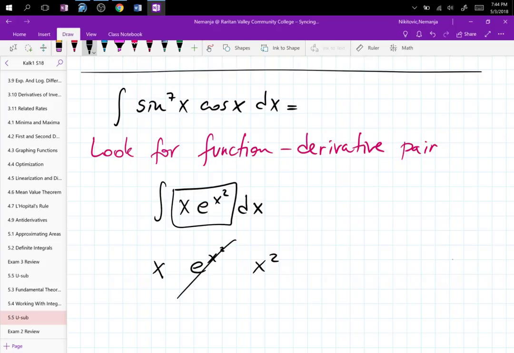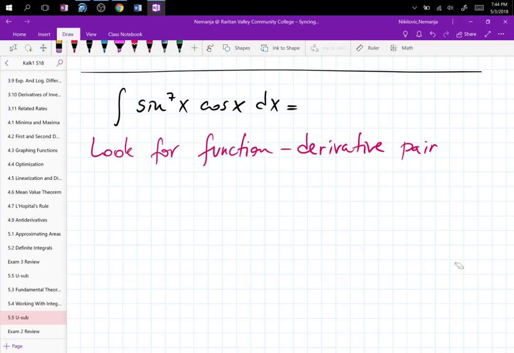Well, definitely nothing with e to the x, because the derivative of e to the x is another e to the x of some sort, and I don't have 2 of them, I only have 1. You toss that off the list. You also know now that the derivative of x squared is 2x, and you know that you can fix the constant, so that would be the function derivative pair.